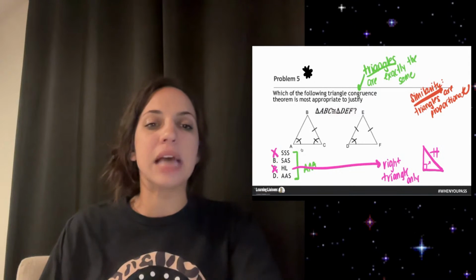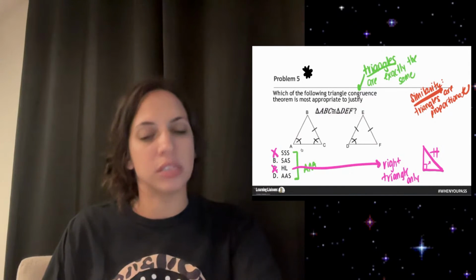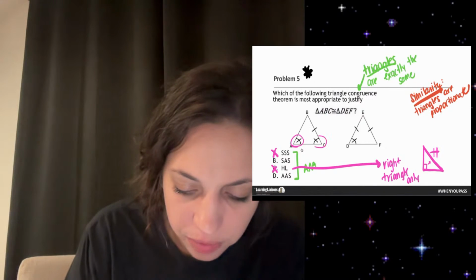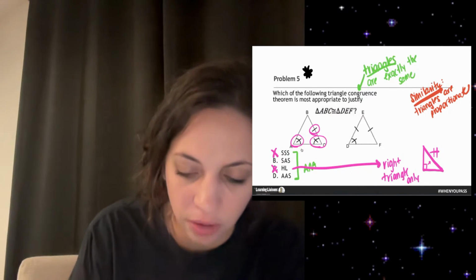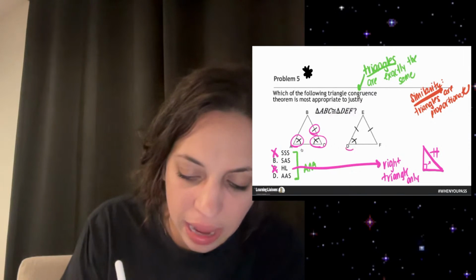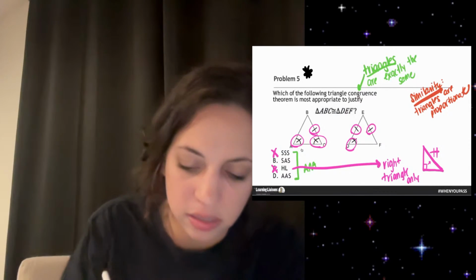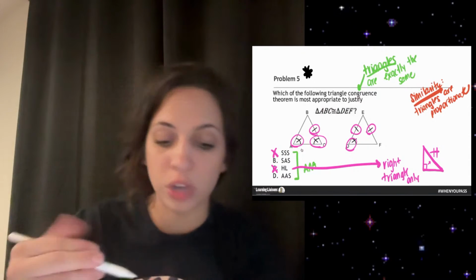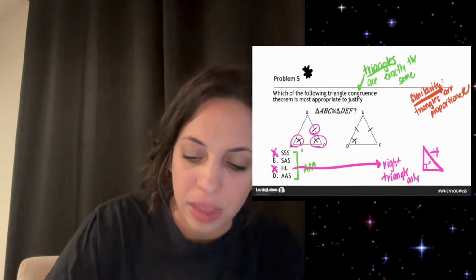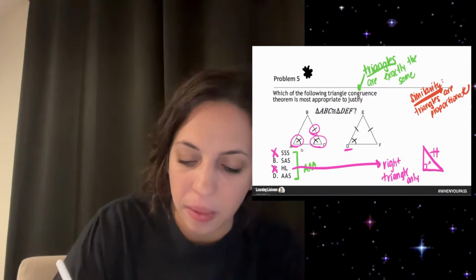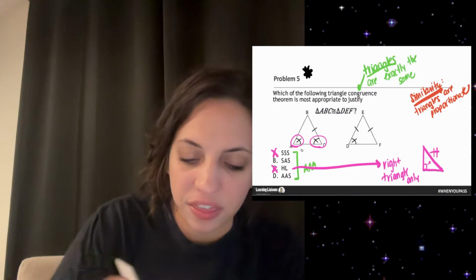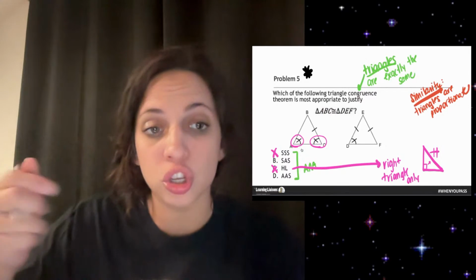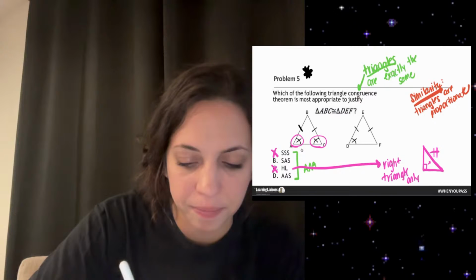Is it going to be side, angle, side, or is it going to be angle, side? So we have an angle here, an angle here, and a side here. And over here we have an angle here and two sides. So what does that tell me? Well, what we do know is that if these two angles are the same, then I can assume that these two sides are the same.